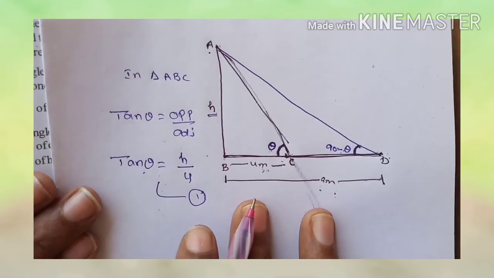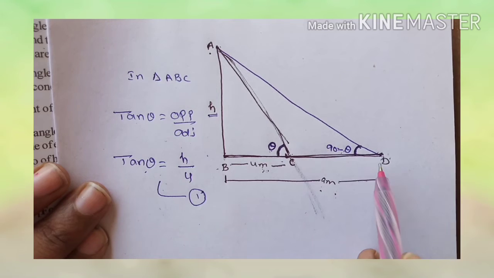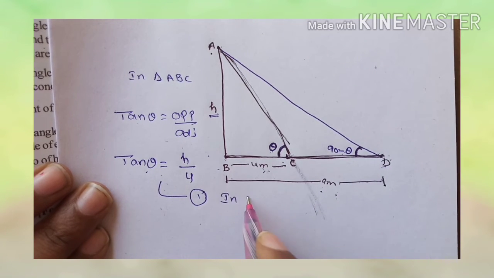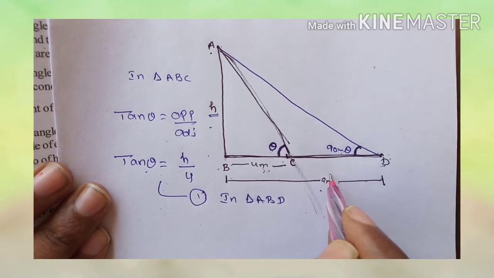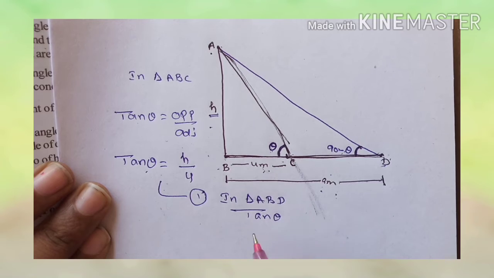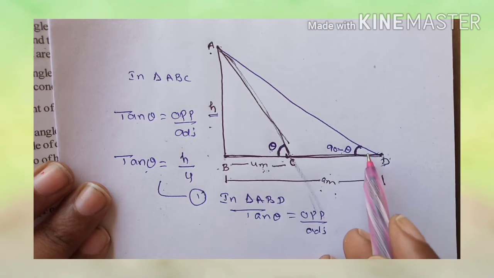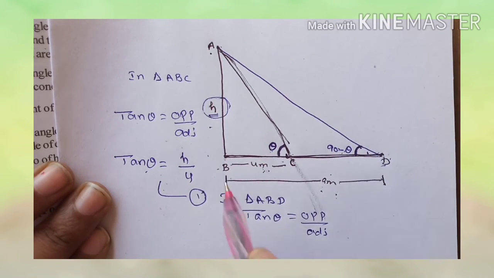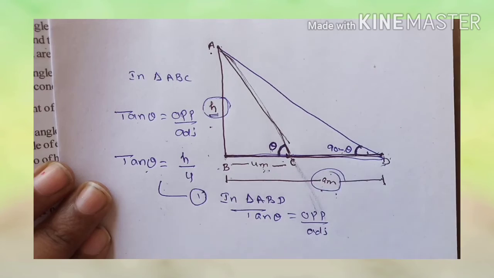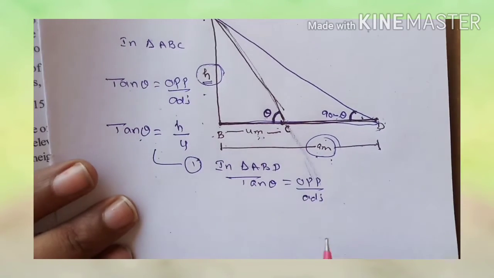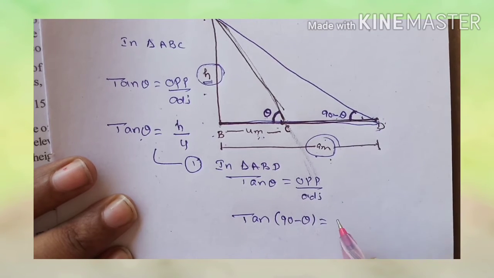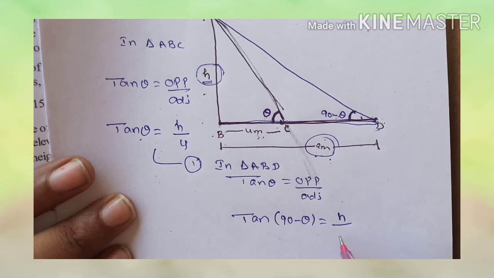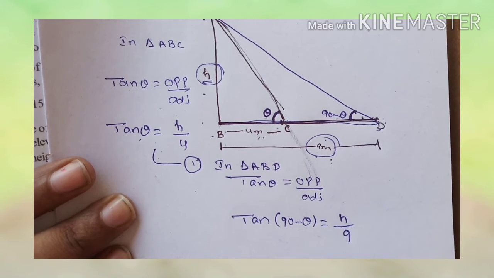Let's go for the second equation for the triangle ABD. In triangle ABD, here angle opposite and adjacent, so here also you have to use tan theta only, opposite side by adjacent side. For this angle, opposite value h, adjacent value is total how much value? 9. So tan of the angle 90 minus theta is equal to opposite value h by adjacent value 9.